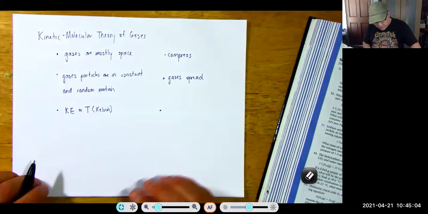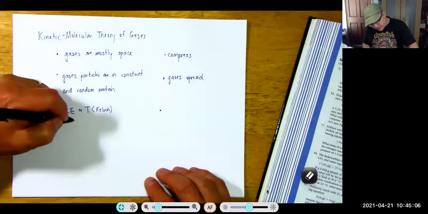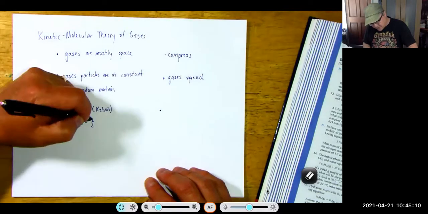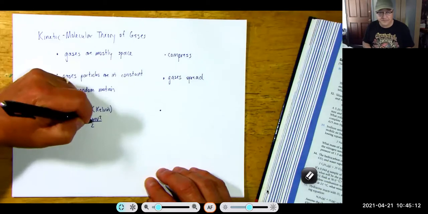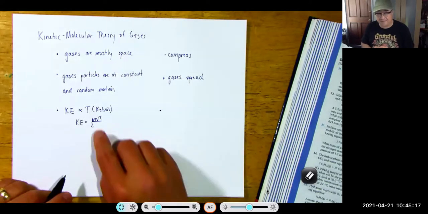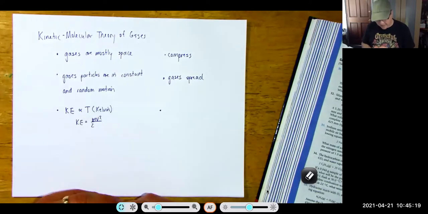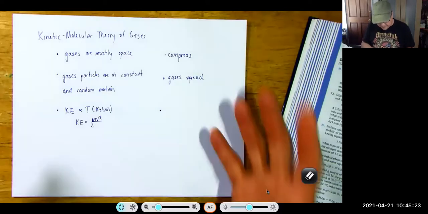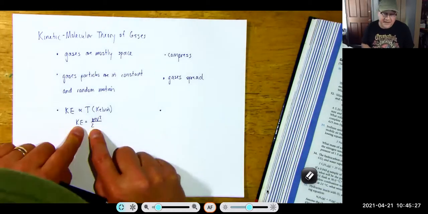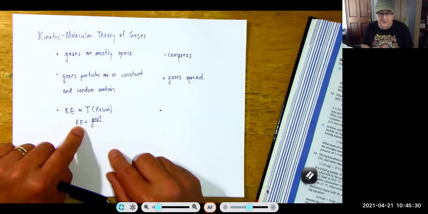Well, one of the things that you should know about kinetic energy is that it is one half mv squared, or mv squared over 2. M is mass, v is velocity. Okay, so that means that at a given temperature, the kinetic energy of helium has to be the same as the kinetic energy of xenon, and they're vastly different in size, right?